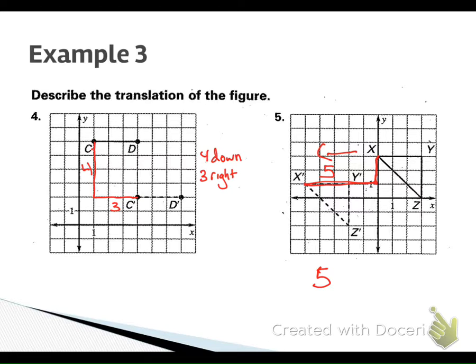So we're going over this direction. Which direction is this? Left. So 5 left. And then how many are we moving here? 2 what? So remember, we're going from our original point and then to our image. Yep, 2 down. So just make sure you're going from the original to the image. So we have left 5, down 2.